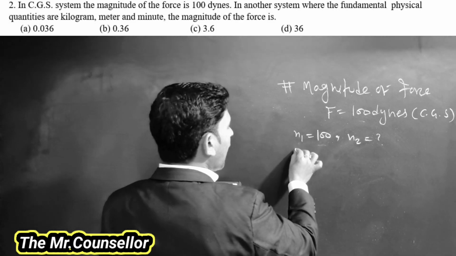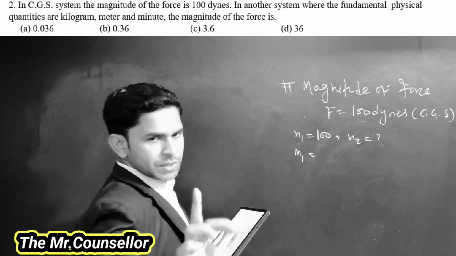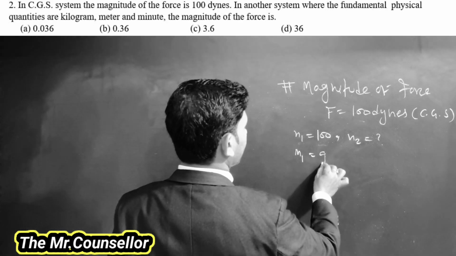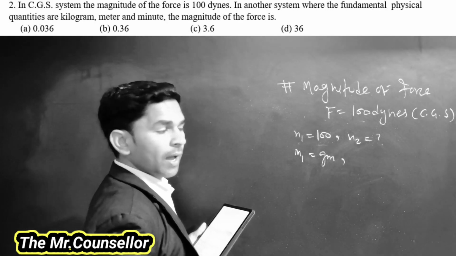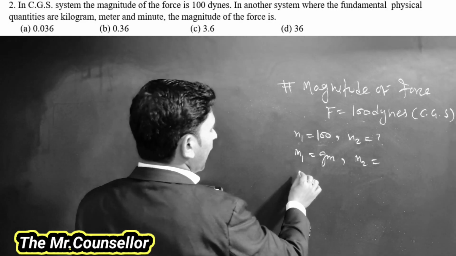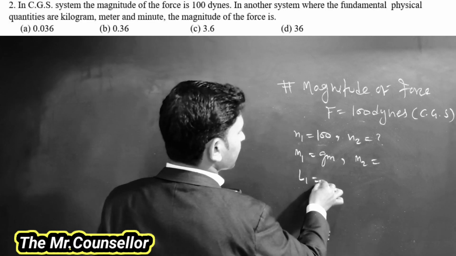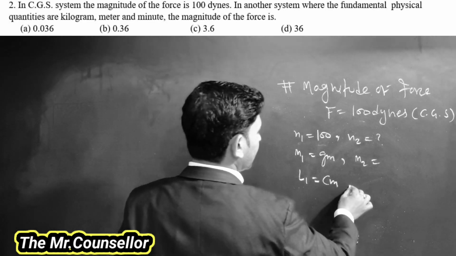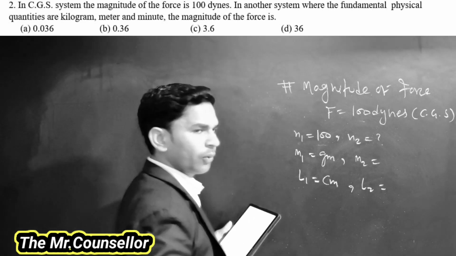M1, the mass: in CGS when measuring mass you write gram, very good. M2 we will see later. Similarly, L1 is centimeter in CGS, and L2 we will see.